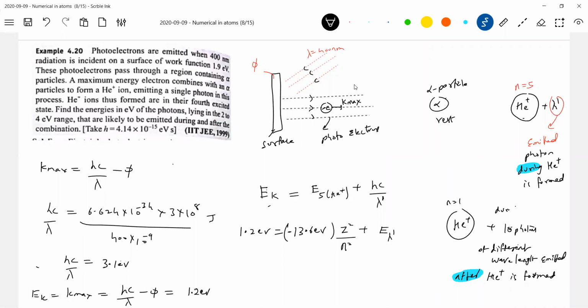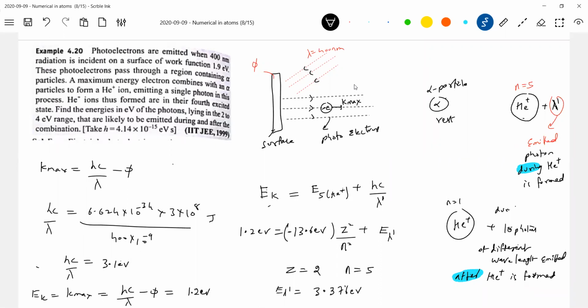Everything will come in electron volt. What should be the value of Z? Helium, 2. What should be the value of n? 5. Substitute, you'll get E lambda dash as 3.376 electron volt.